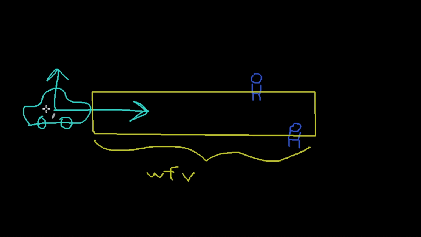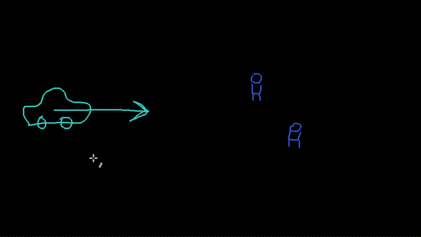So the width actually depends on the velocity of the car and the width of the car itself. So it's just to give some sort of width to this rectangle here. Alright, so that's basically how the system works. Now I'm gonna show you how I implemented it in code.